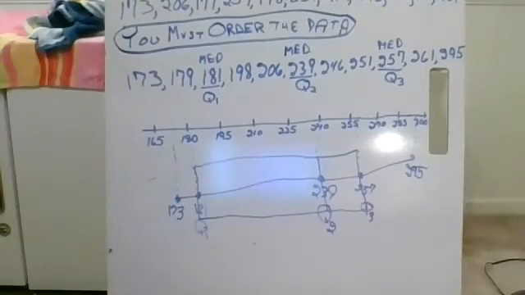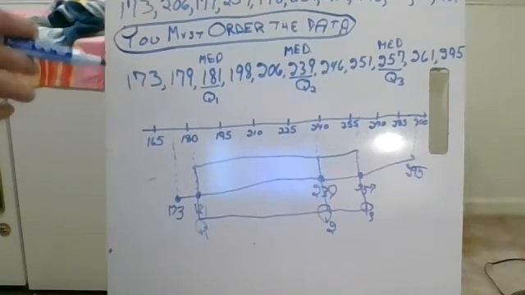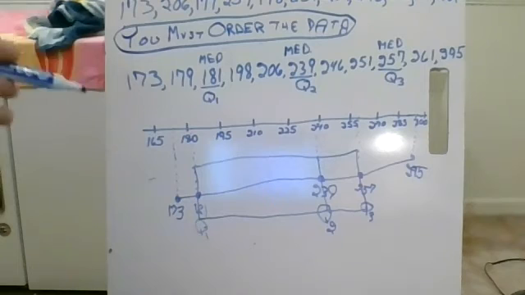So on and so forth. And that's using a box and whisker plot. It breaks your data into 4 quartiles. And then we know the percentages of where the data values lie.